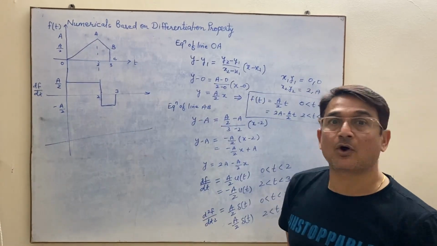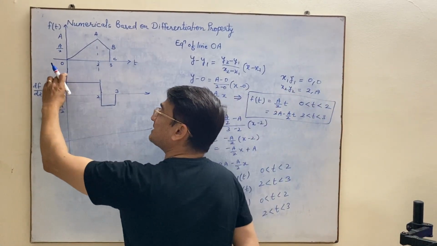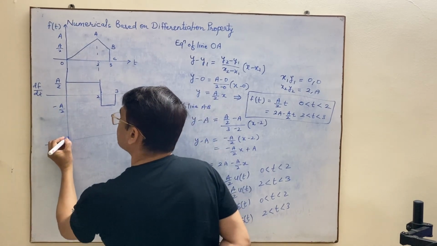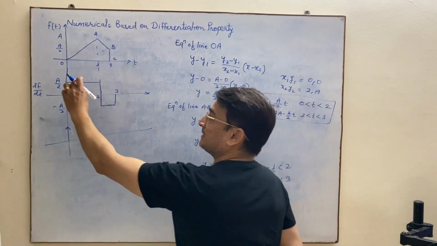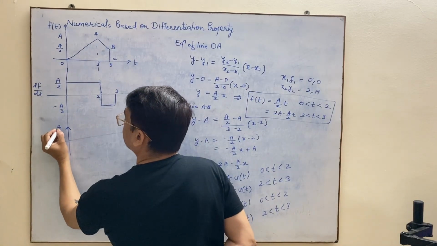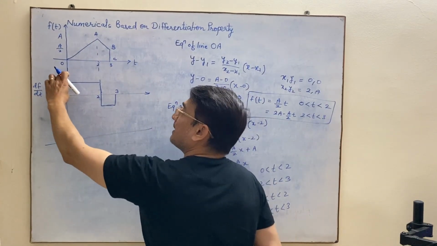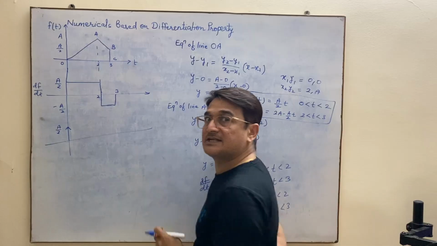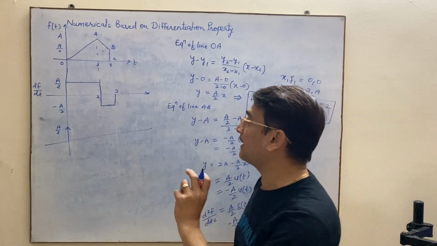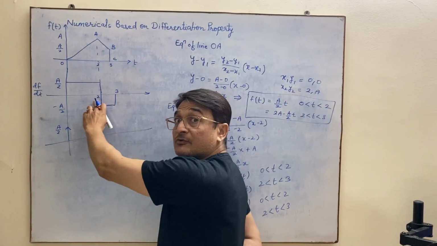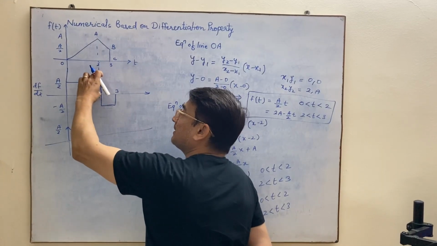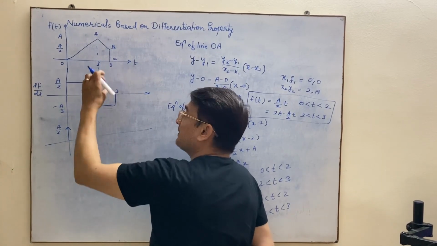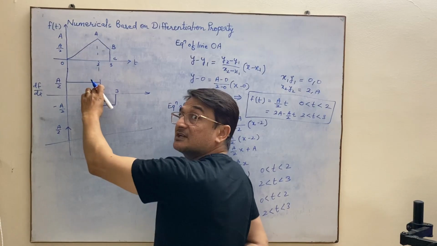If I want to draw a graph, you can see at this point at t is equal to 0, your function is moving upward with a strength a by 2. So you will get an impulse at t is equal to 0 with a strength a by 2. Now at t is equal to 2, your function is moving downwards from here to here with the strength a by 2, and from here to here again with a strength a by 2.